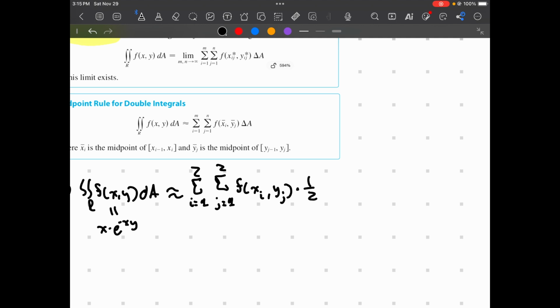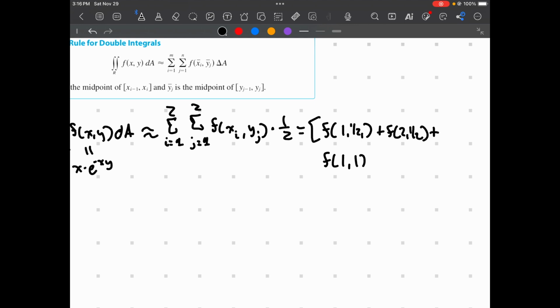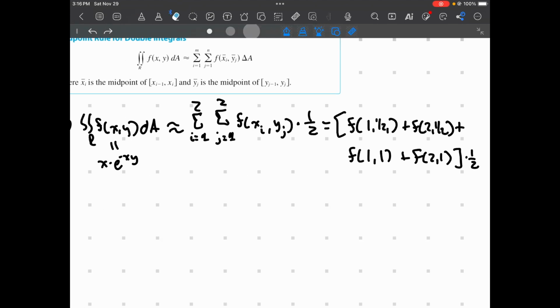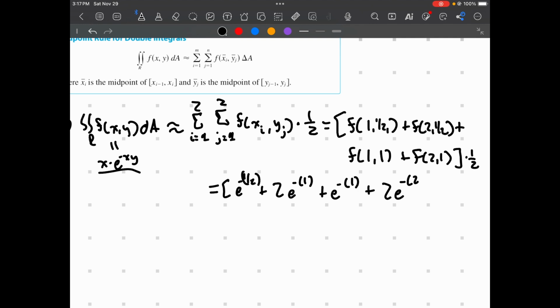This summation will equal f of 1, 1/2 plus f of 2, 1/2 plus f of 1, 1 plus f of 2, 1. And this will be times 1/2. So if we plug this into our f of x, which is x times e to the negative x y, we will get the summation to be equal to e to the negative 1/2 plus 2e to the negative 1 plus e to the negative 1 plus 2e to the negative 2.